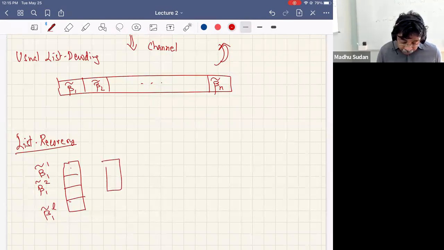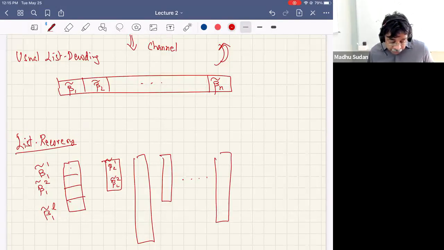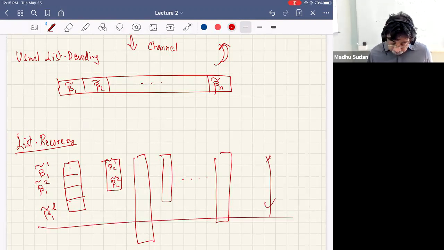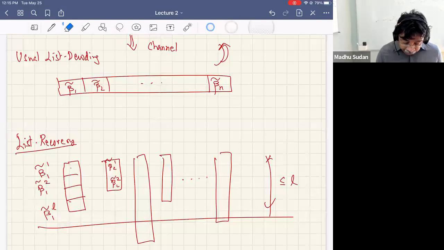On the second coordinate, I see beta 2,1 and beta 2,2. On the third, I get some large set. On the fourth, I get some set, etcetera. So what we will do is chop it off at some length L, and now define this problem that we call the list recovery problem.